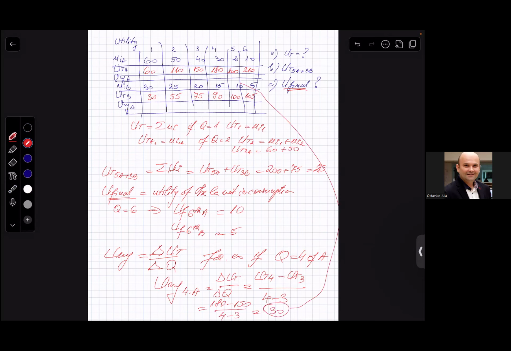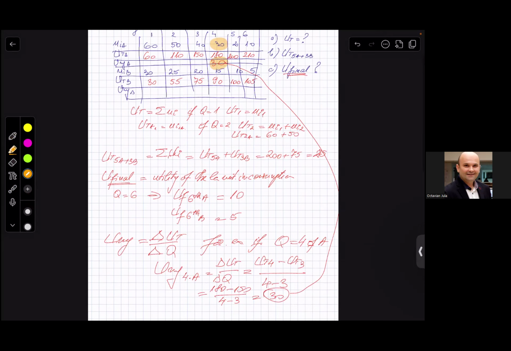I will include this here as 30 and make you aware of something that I'm going to underline, and I will ask you to keep it in mind if possible for the test. When does the individual utility equal the marginal utility?